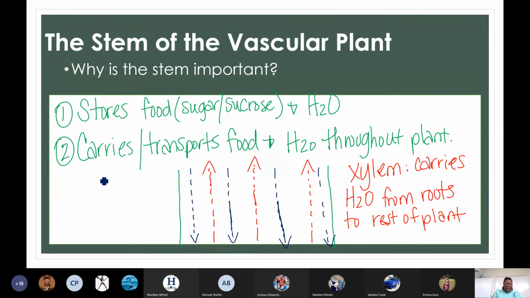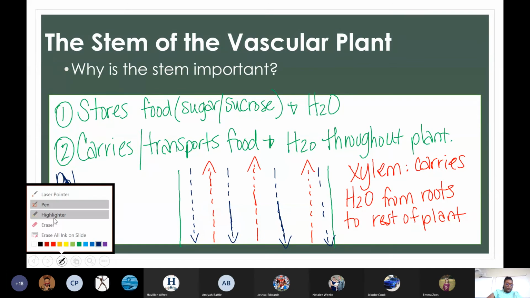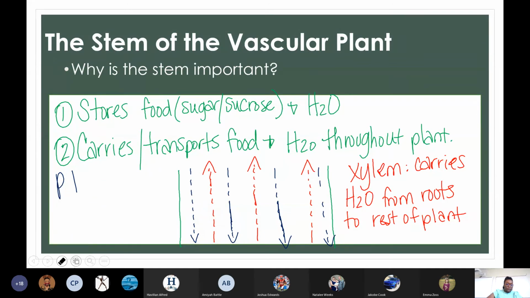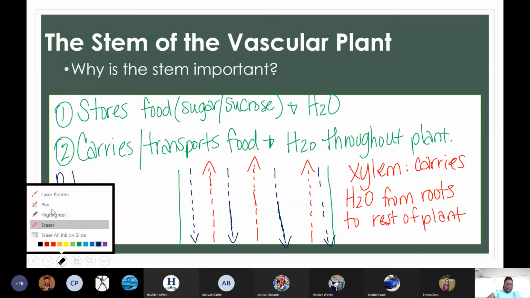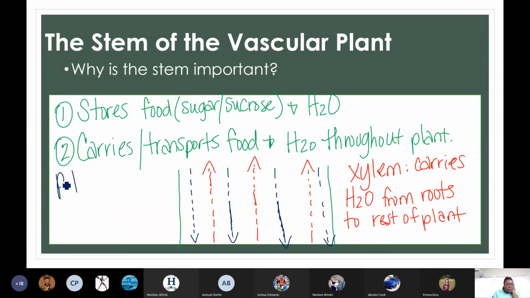That blue highway that's traveling south is called our phloem. And the phloem travels south and it carries sugar or food from the leaves to the rest of the plant.